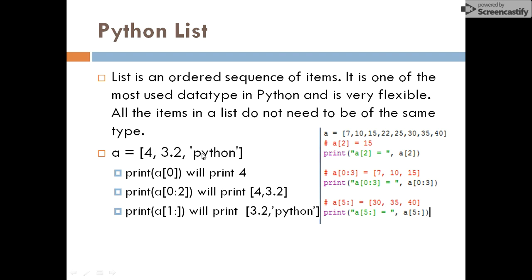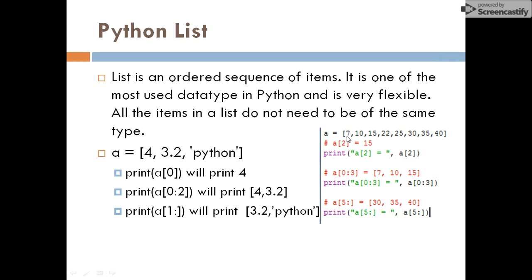So it can hold all kinds of data types. It does not need to be of the same data type as we do with arrays. So this is very important and very flexible. We only have to remember that it will be declared inside square brackets with commas. We separate all the values with commas, and then we can access them by using the indexes. The index will start from 0.